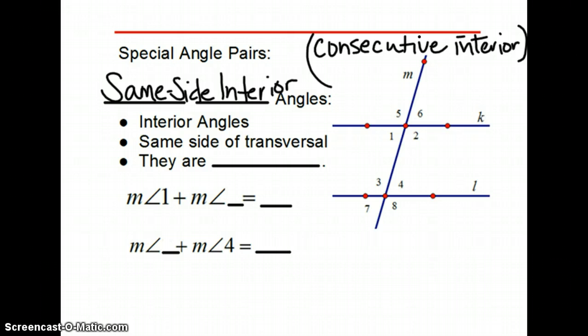So they're going to be on the same side of the transversal. They're going to be on the interior. So if I look at those, same side, interior, those are going to be supplementary.